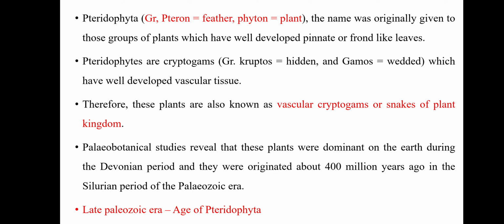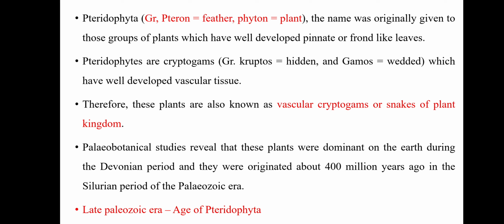snakes of the kingdom. Paleobotanical studies revealed that these plants were dominant on Earth during the Devonian period, and they originated about 400 million years ago in the Silurian period of the Paleozoic era, generally in the late Paleozoic era.